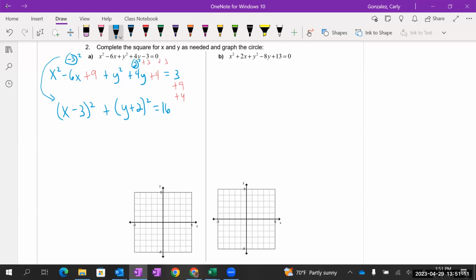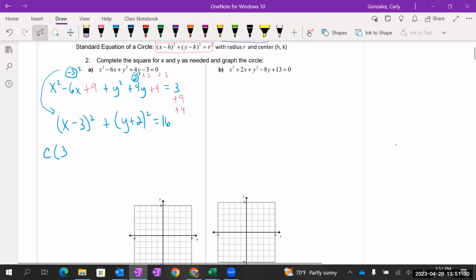So now I'm ready to figure out, well, what's the center? The x value of the center comes from the number that's being added or subtracted in with the x. So that's going to be 3, but with the opposite sign. And that's really because the equation has x minus h, so that's always going to be the opposite sign for both h and k.